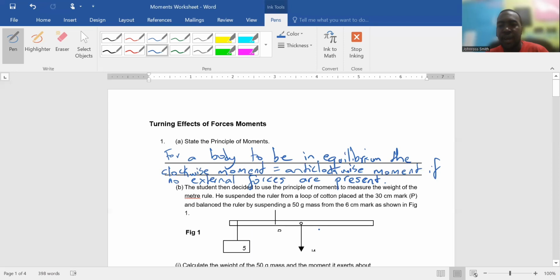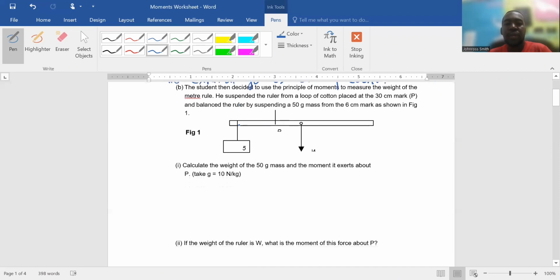For a body to be in equilibrium, the clockwise moment, which means the force that will cause it to rotate clockwise, must be equal to the force that causes it to rotate anti-clockwise in terms of the moment's value, except when external forces are present. Now, let's put the equations and the principle into practice.